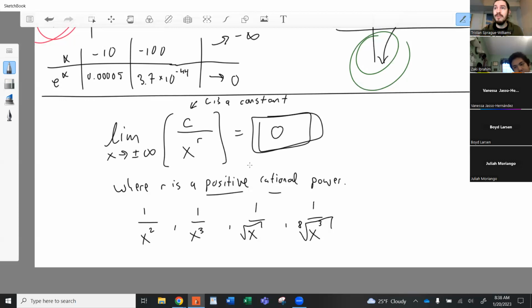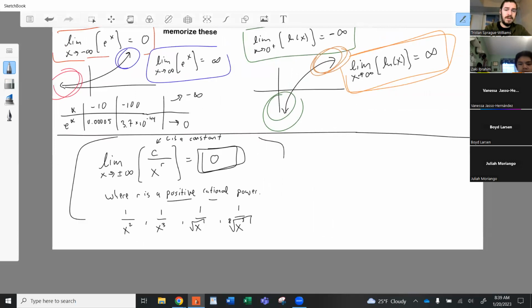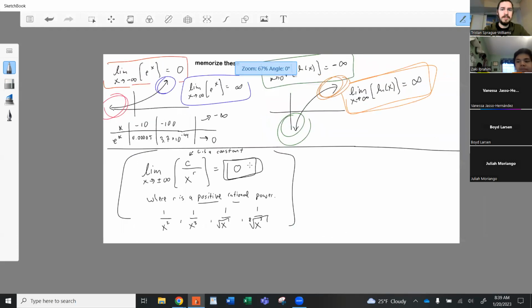They're all growing functions. And so if your numerator is constant and your denominator is growing bigger and bigger, the reciprocal of those big numbers is going to be approaching 0, always. So that's another really nice key fact to lean on here.